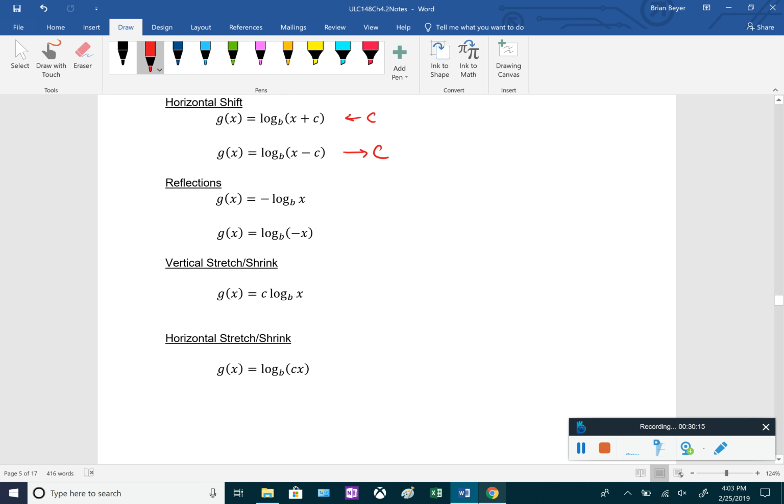Reflections are when we're negating things, negating the x or the y. If we have a -1 multiplying out front, negative log base b of x, that means it's a reflection over the x-axis. If we have a negative multiplying the x, that's a reflection over the y-axis.